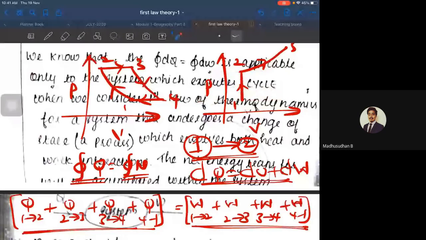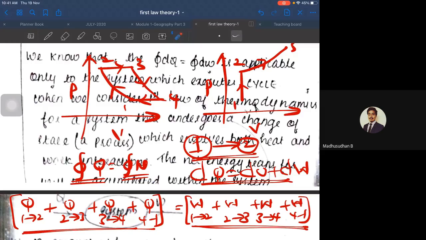Nitesh Amin, not there. Numan Ahmad. How do you apply the first law for an entire cycle like this?